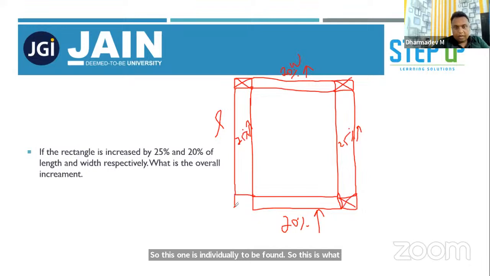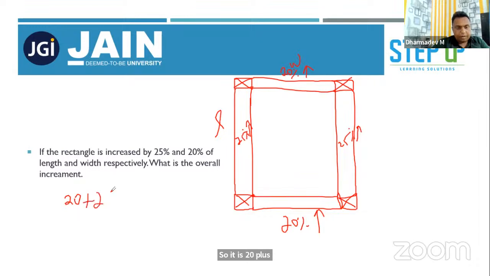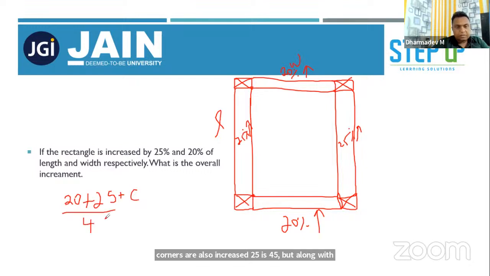So when I say it is increased, I'm going to add the corners. So it is 20 plus 25 is 45. But along with that, the corners are also increased. So 45 plus the corners. Are you clear with that?